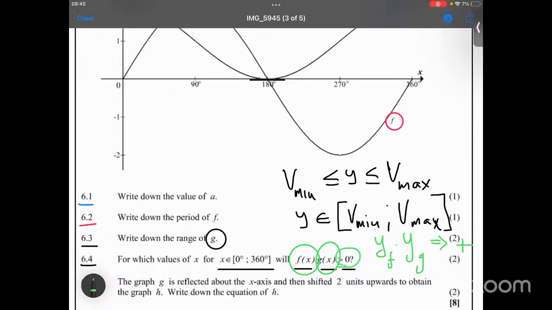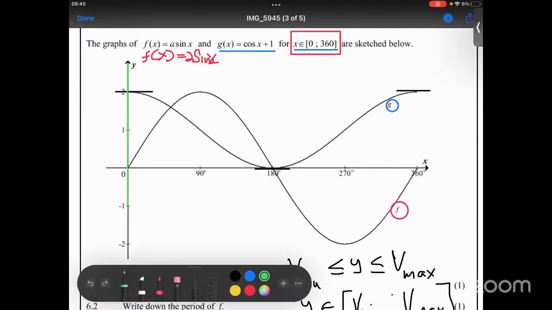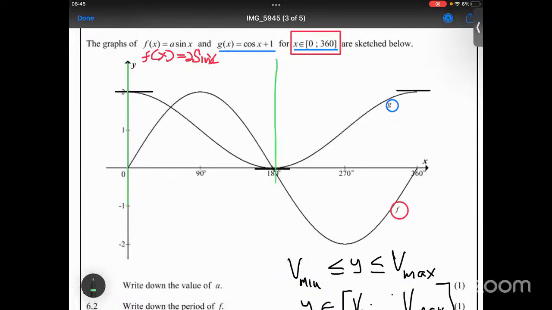So that means you will go on that function and say, it looks like this is the section whereby both the graphs are above. That line must actually pass through that 180. You see there, it is where both the graphs are above.